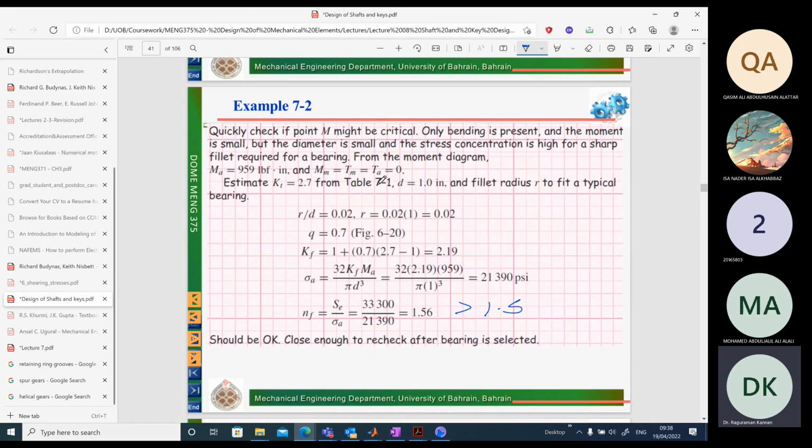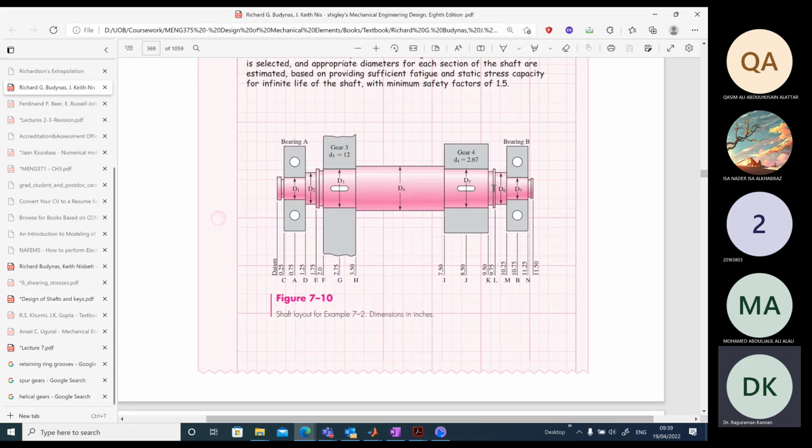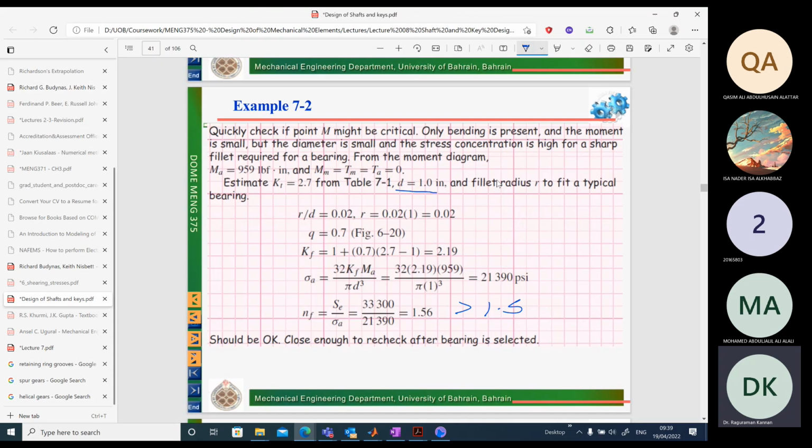Okay. So from table 7, he obtained what is the stress concentration factor, since we do not know the diameter. Let's see here what he has done. He has assumed D is equal to 1 over here, corresponding to D6. One inch. And then he proceeds with the calculation for fillet radius.